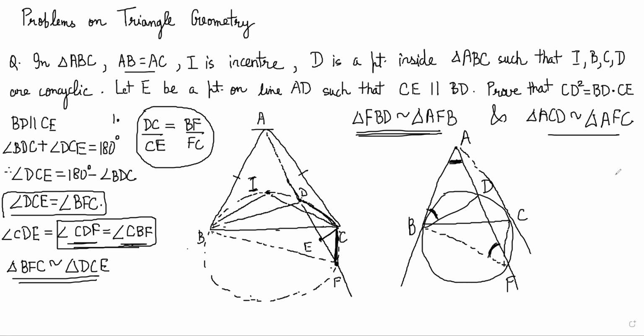Can we show basically BD by BF is equal to AB by AF?